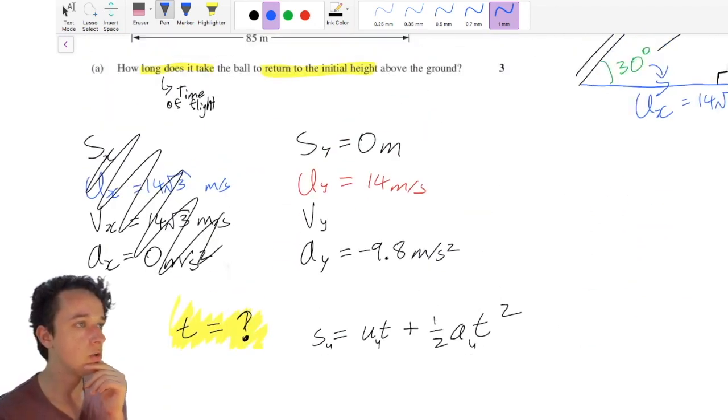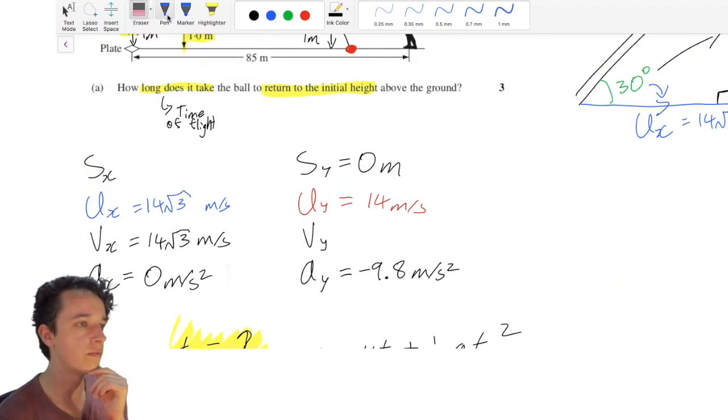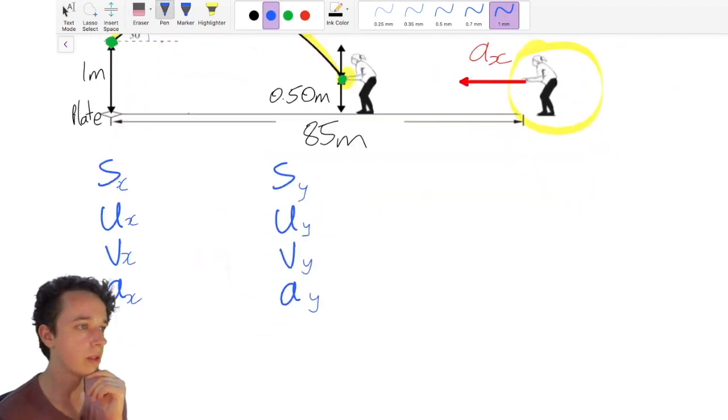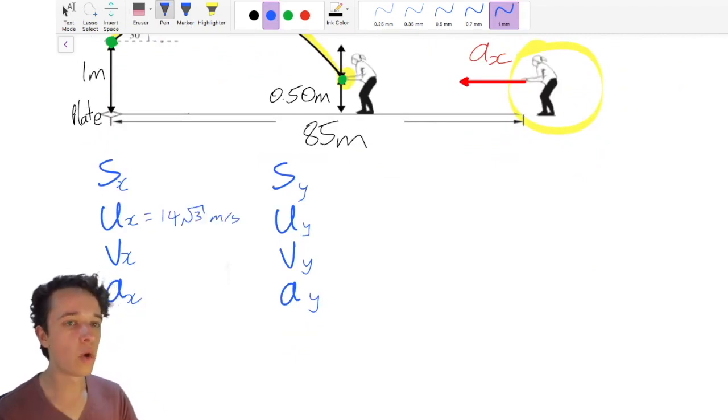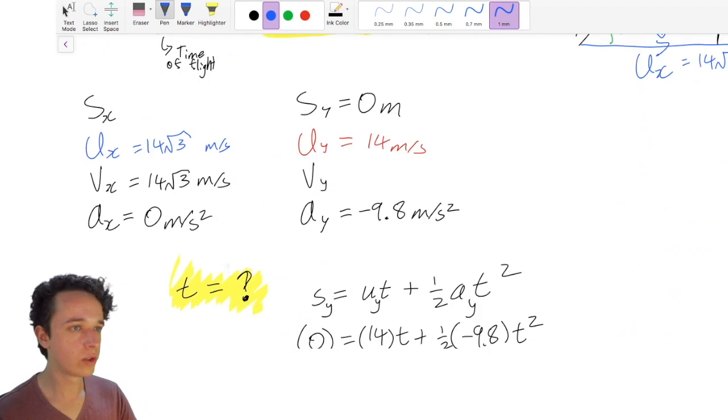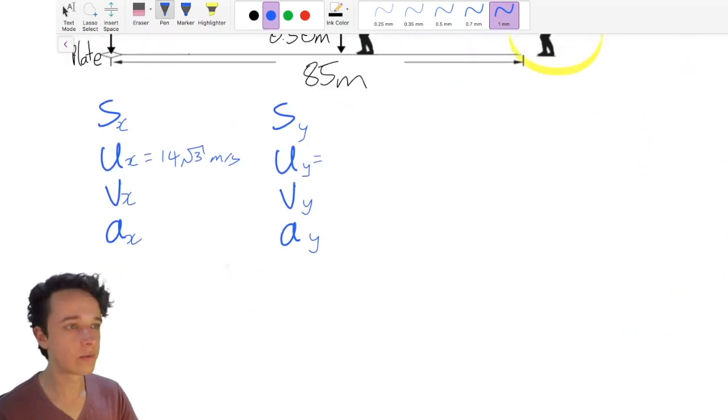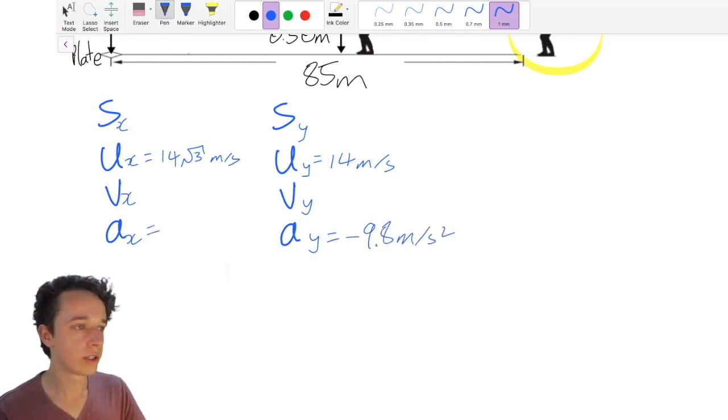So ux was 14 root 3 meters per second, and uy is 14 meters per second. We also know that the acceleration due to gravity is negative 9.8 meters per second squared. There's no acceleration in the horizontal component, and from that, we can deduce that the final velocity in the x component is equal to the initial velocity.